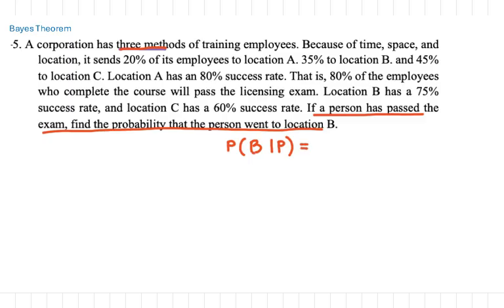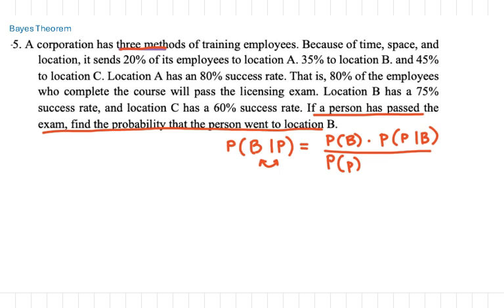So again, according to Bayes' theorem, we'll say that's the probability, the overall probability of coming from location B divided by the overall probability that you pass the exam. And here on top, we do the reverse contingency times the probability that if you came from location B, you passed the exam.